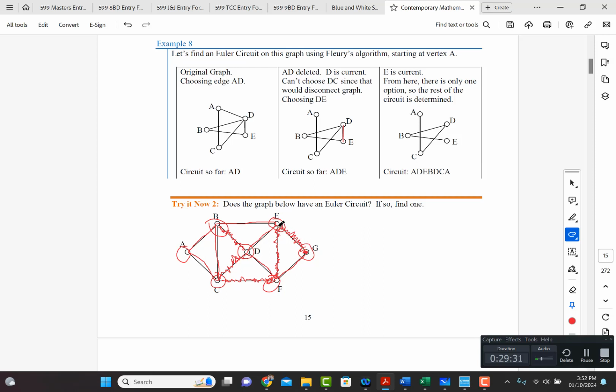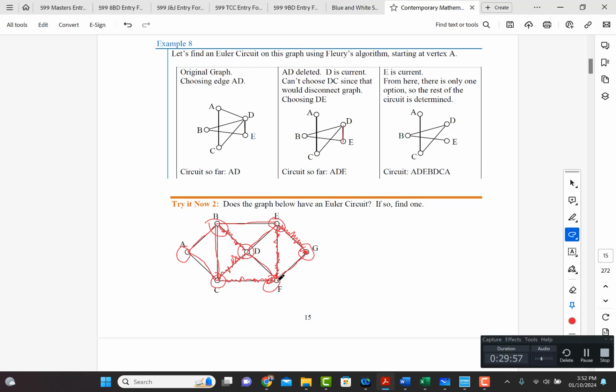So yeah, G, E, F, C, D, B, A, C, B, E, D, F, G. Yeah.